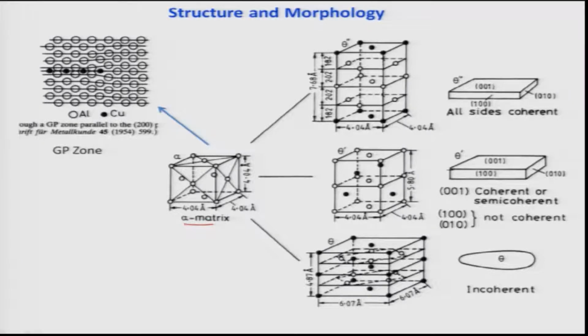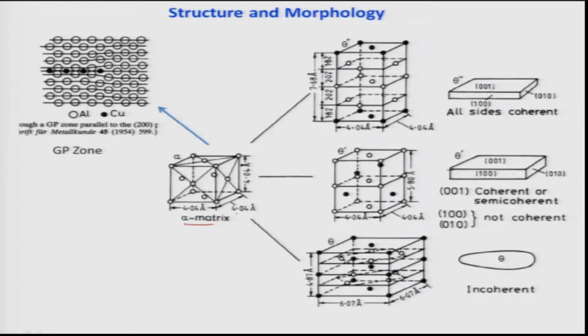Basically it is not FCC aluminum anymore because there is a lot of copper inside it. So all the atoms which I am showing here as these blobs are shown as aluminum, even in the books, but all of them may not be aluminum. Some of the atoms will be copper, and it has a lattice parameter of about 4.04 Angstrom.